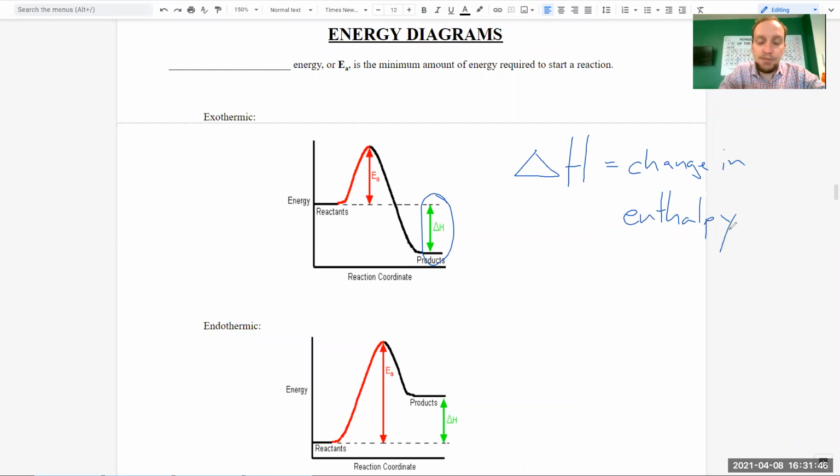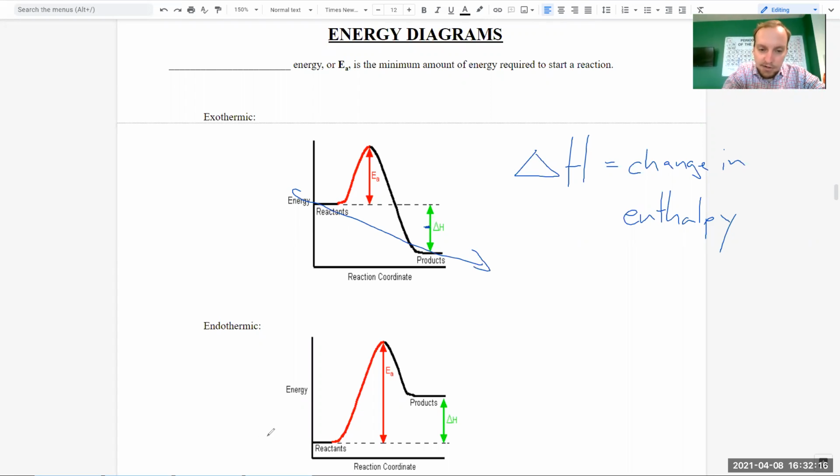So the overall change in enthalpy. The dotted line here on our top reaction represents the starting point of the reactants. Here is the ending point of the products, and that change from there to there is the delta H, the change in enthalpy. Now for this top reaction, it would actually be a negative number because again, we're changing from higher to lower, therefore that would be a negative pattern.